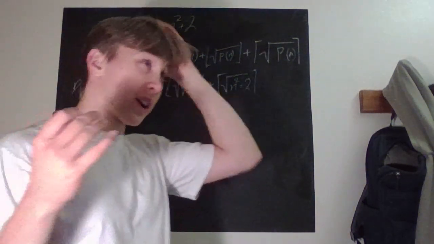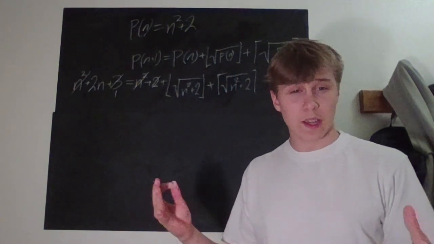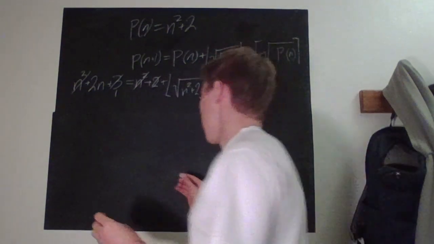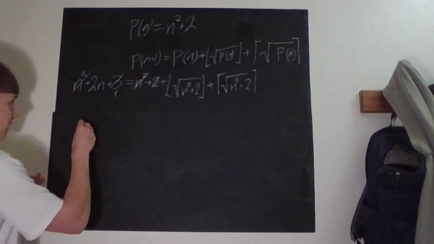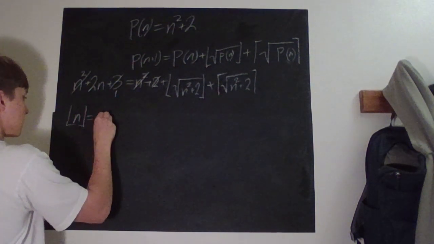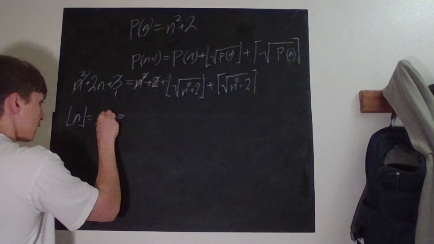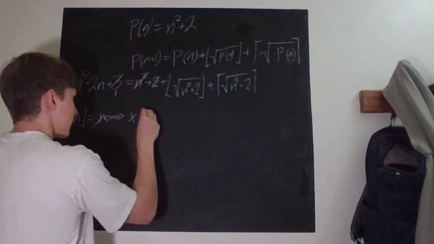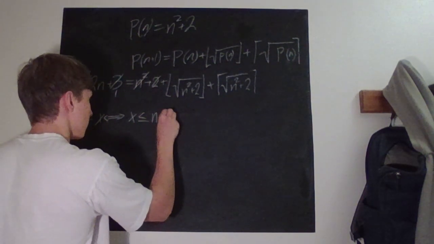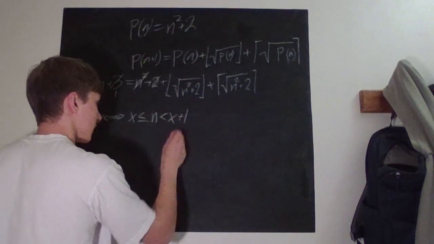So now we have to standardize, or mathematically write out, what a floor function really is. If floor of n is equal to x, that is equivalent to x being less than or equal to n, which is less than x plus 1.